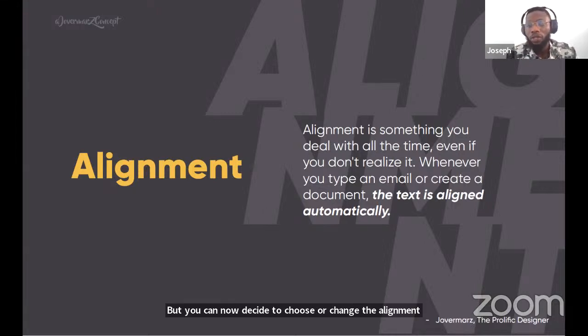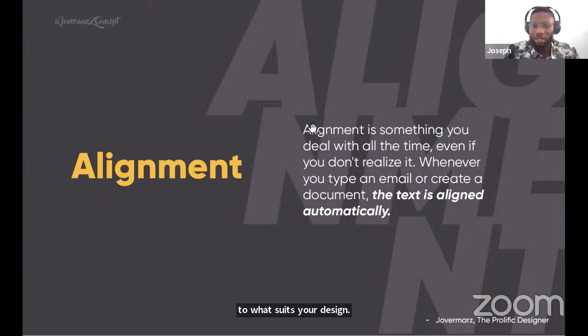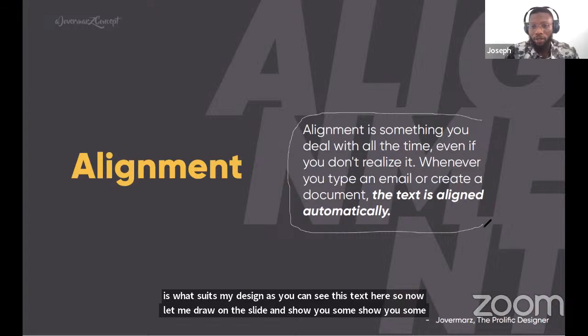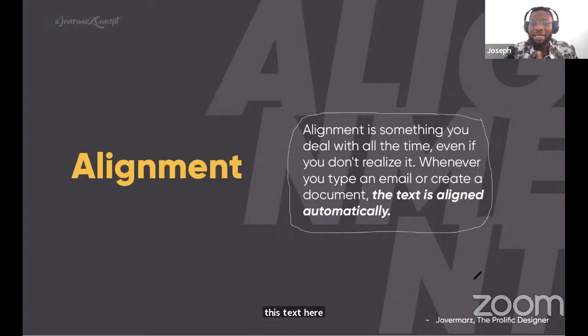So this is what suits my design, as you can see, this text here. Now let me draw on the slide and show you something. This text here, circled here, is aligned to the left. This text here, this big one, is aligned to the right.